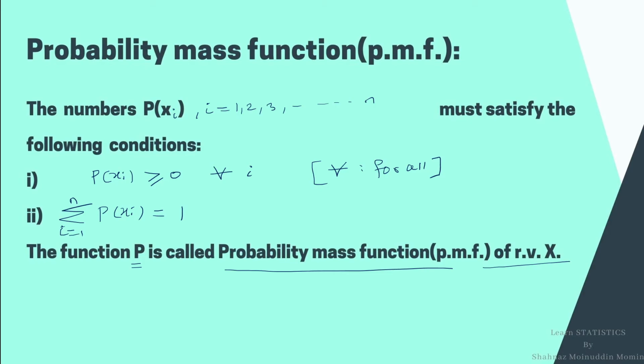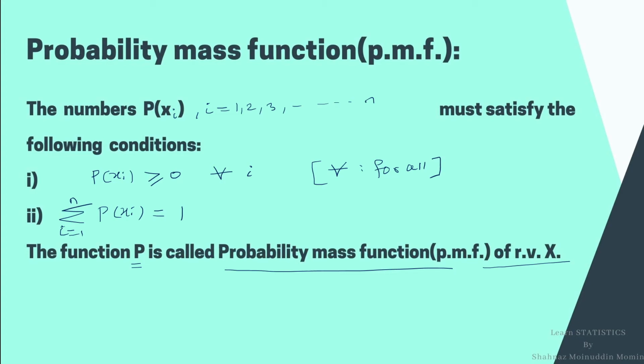In this way, in this topic, we learned the two terms probability distribution and probability mass function. In probability distribution, we see how the total probability is distributed over the various values of a random variable x, and in probability mass function we associate with each value of a random variable a number which satisfies two conditions.